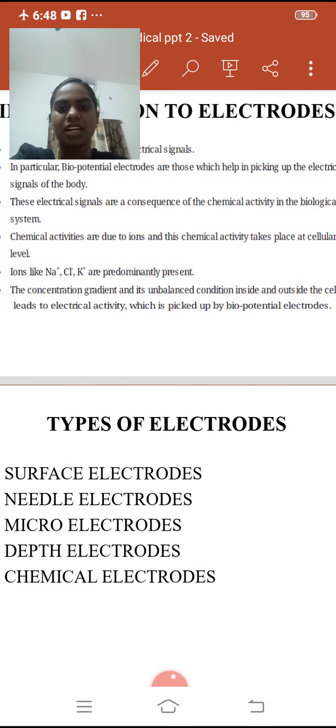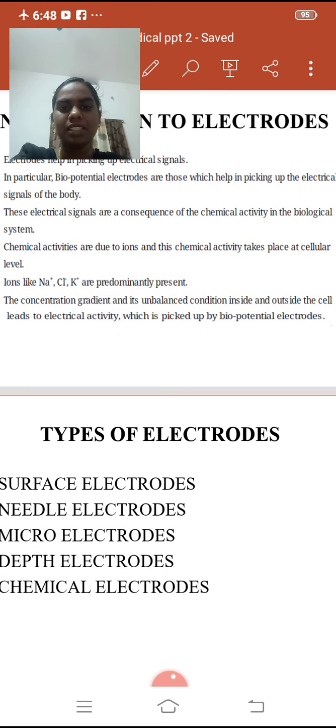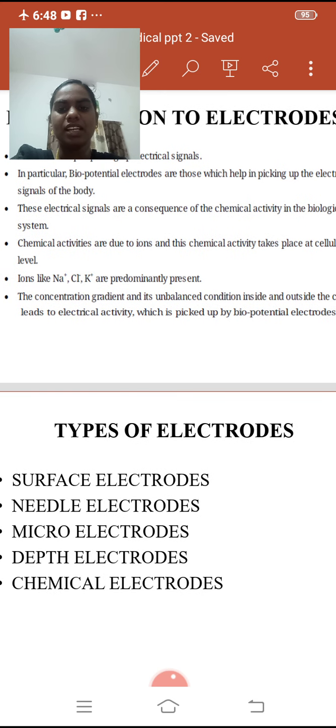Chemical activities are due to ions, and this chemical activity takes place at a particular level. These ions are sodium, potassium and chlorine. Sodium and potassium are positive ions and chlorine is a negative ion.